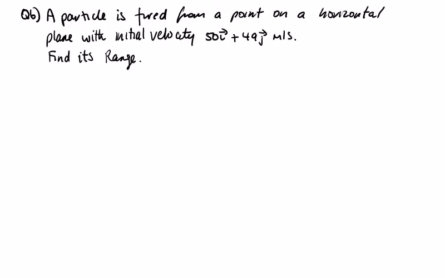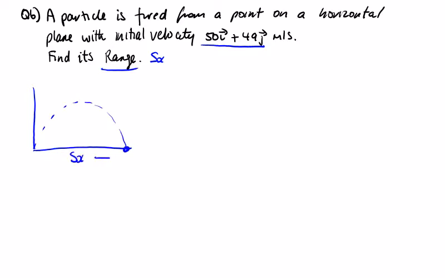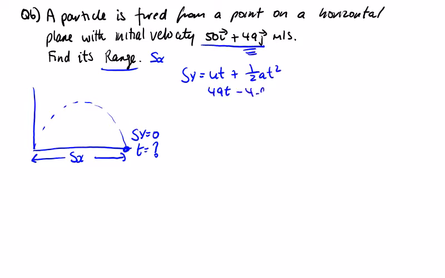In question 6, you're told the particle is fired from a point on a horizontal plane with an initial velocity 50i plus 49j. Find the range. So we're looking for S of X. So again, just do a diagram. I'm sure it only takes a second. This is my S of X. And we want when S of Y is equal to 0 to get the time. So S of Y is equal to ut plus a half at squared. My 49 is my u, so 49t minus 4.9t squared is equal to 0 at this point.